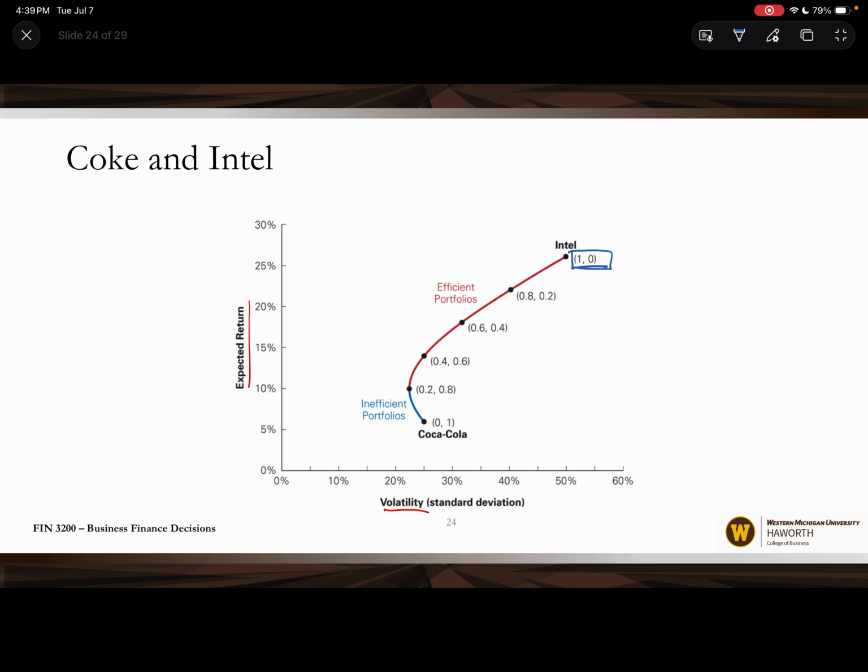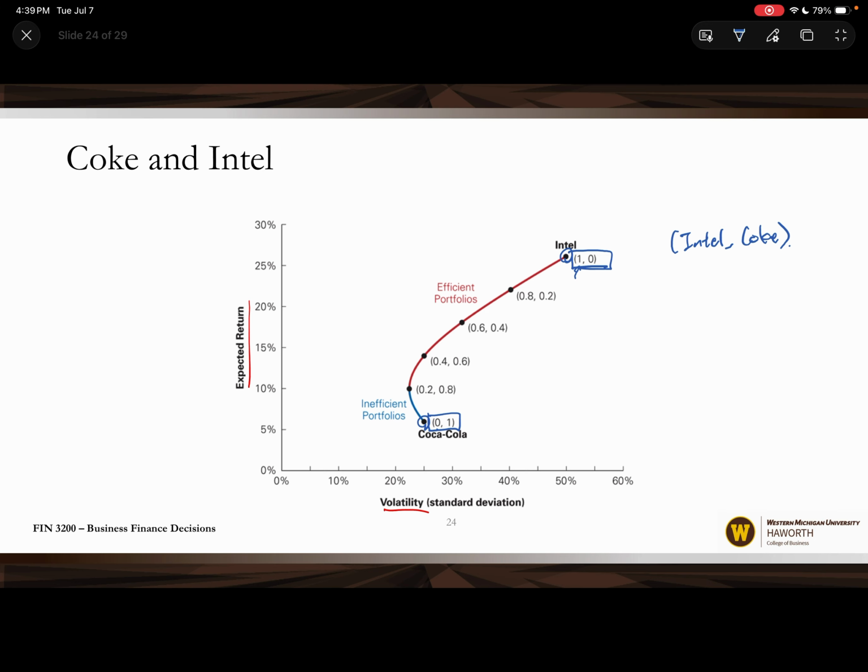The first number is how much you put in Intel. The second number is how much you put in Coca-Cola. This point right here says you're putting 100% of your money in Intel and 0 in Coca-Cola. This point right here, you're putting 100% in Coca-Cola, 0 in Intel.